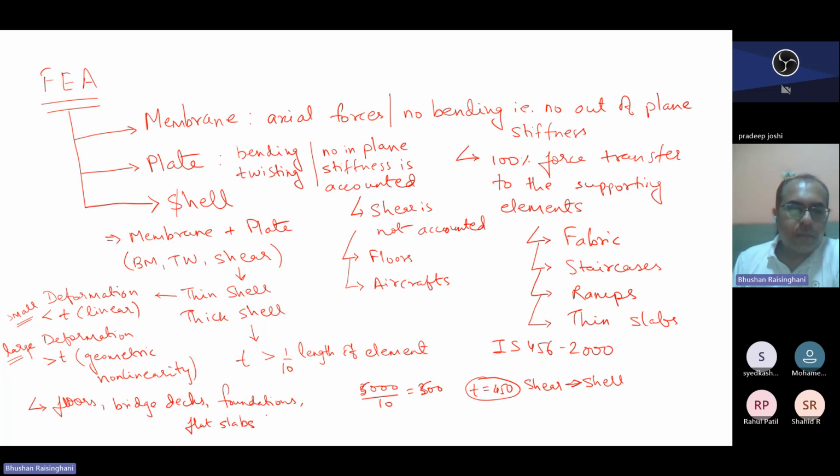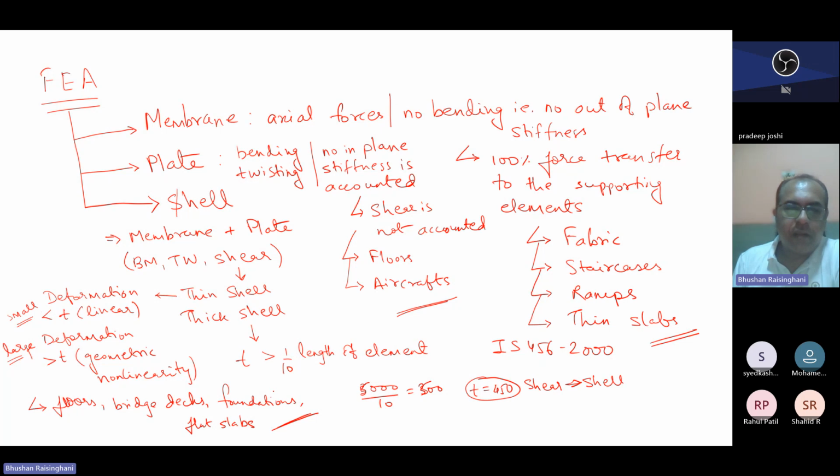So all these are examples of shell. Okay, so these were examples of the plate. These were examples of the membrane, and these are the examples of the shell element.